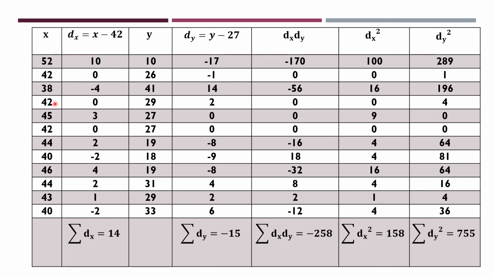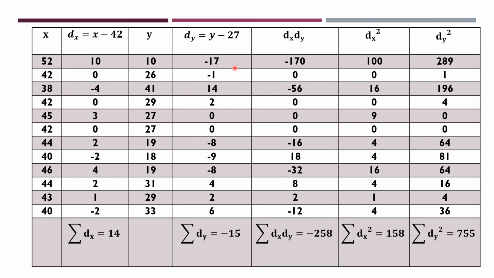We have the x data here, subtracting 42 from each value of x: 52 minus 42 is 10, 42 minus 42 is 0, writing this dx column. Similarly, subtracting 27 from y: 10 minus 27 is minus 17, 26 minus 27 is minus 1, 41 minus 27 is 14, etc.